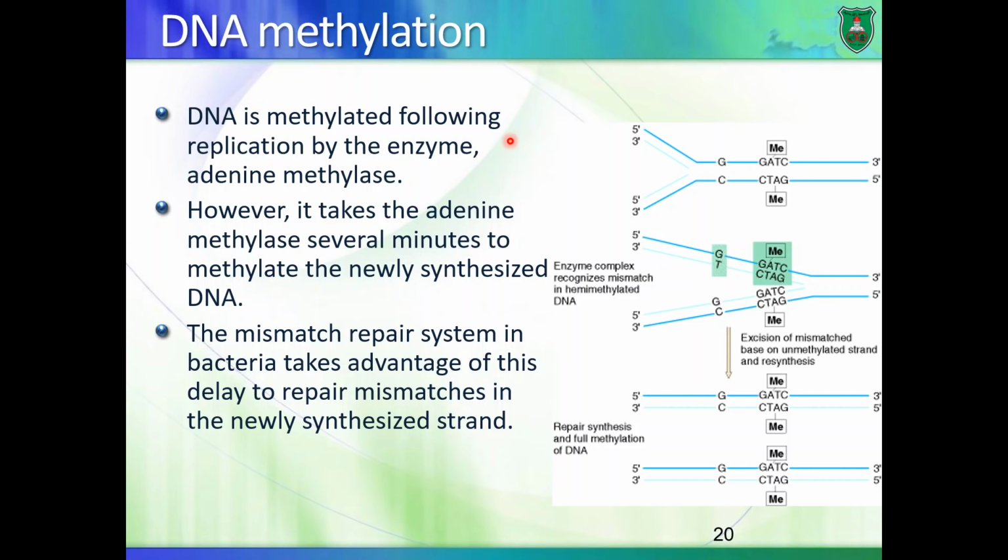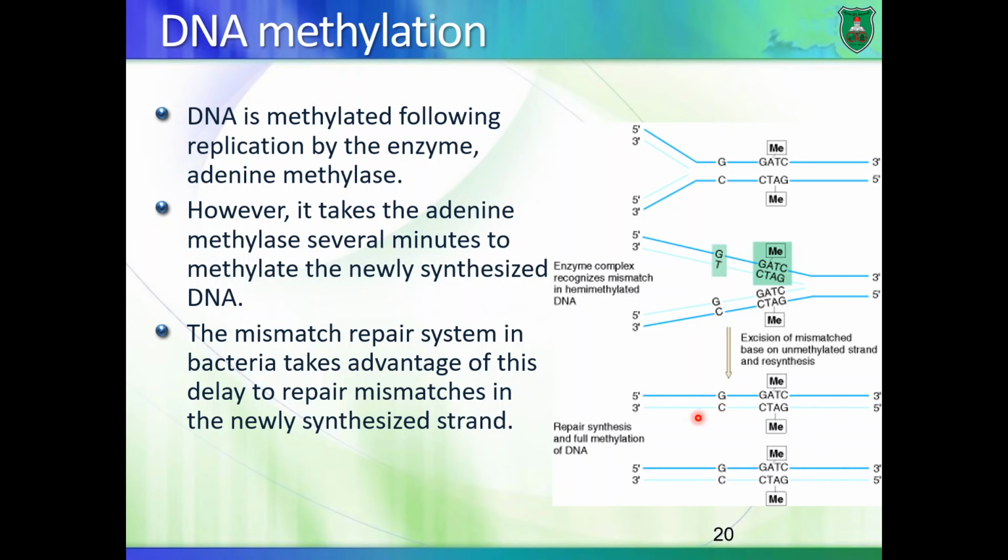That is, you have the addition of a methyl group to DNA. And this happens after replication is completed, but not immediately. So after replication is completed, the newly synthesized strand is not methylated. You have a strand that is methylated, the original, parental strand, and a strand that is not methylated, the newly synthesized strand.